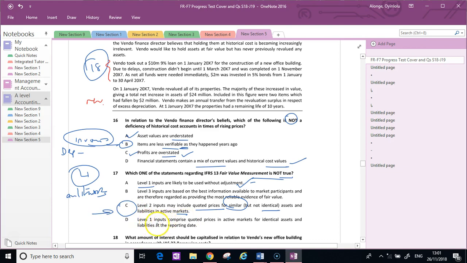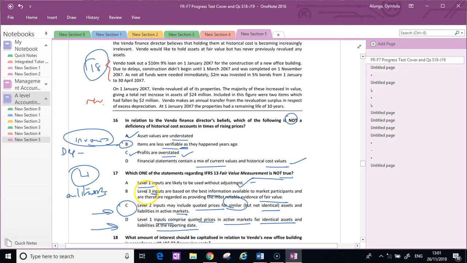And then level 1 says comprise quoted prices in active markets for identical assets at the reporting date. So we have a lot of information. So this is all true. Level 3, yes, best information, if you like, but we don't have that information, and so it isn't the most reliable. You almost need to go in there, and these are very unique products, so you would probably have to pay quite a lot of money for this kind of information.